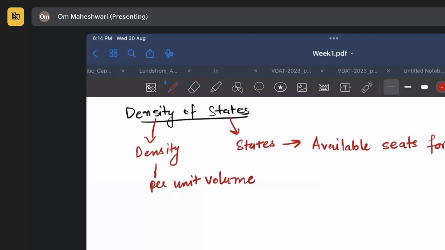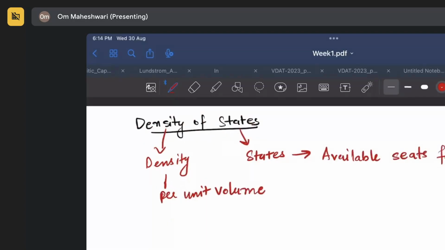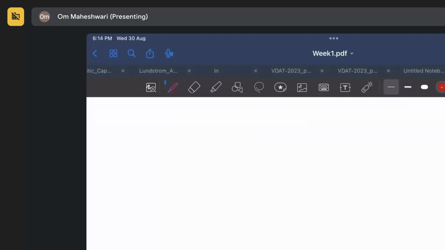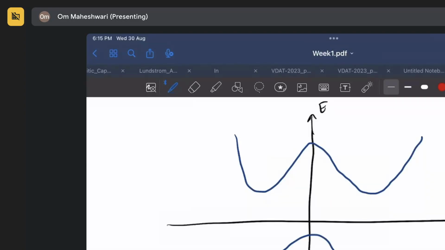Okay, so you might have seen this kind of diagram, the E-k diagram, if you know. For silicon I'm drawing something like this. This is the EV, this is the conduction band minimum EC, and this is the band gap.